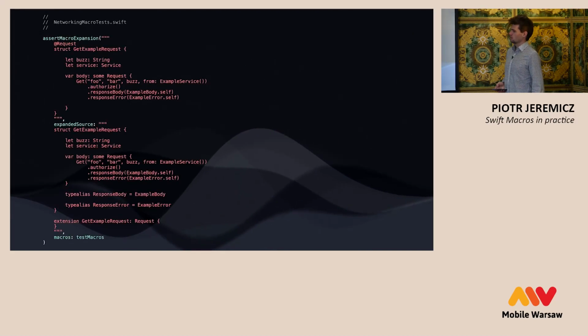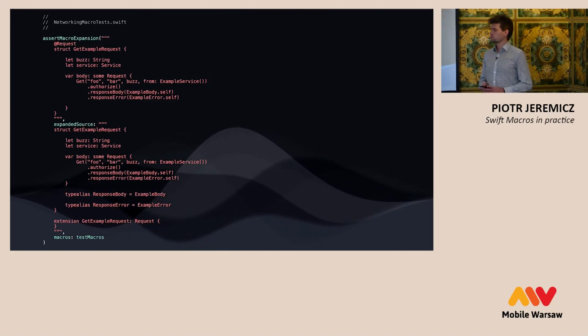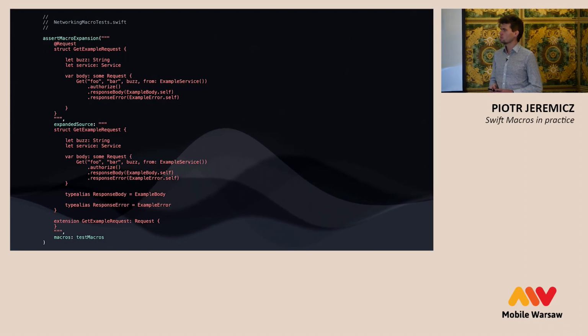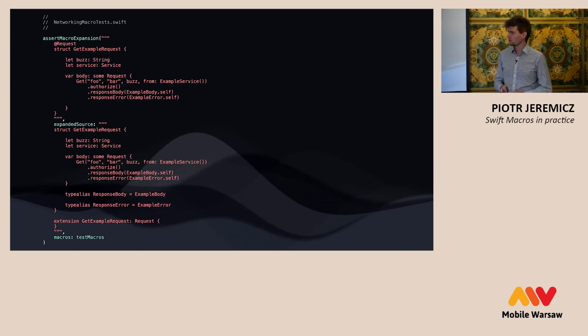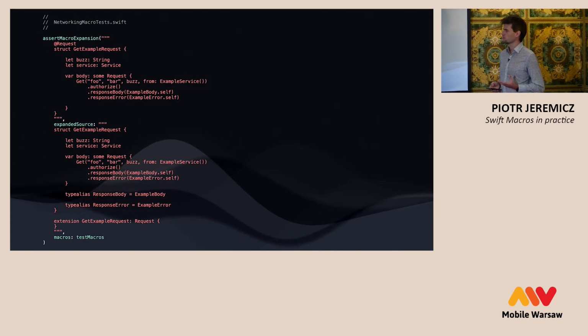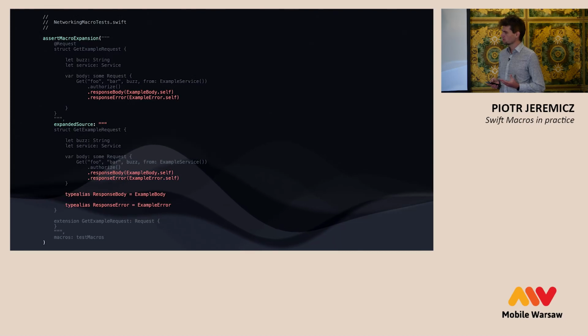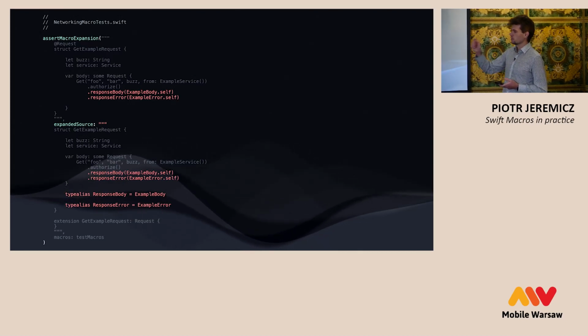And yeah, of course, we are going back to the test. Everybody loves the test, and tests are really important in macros because they help you understand what was changed and what the process of implementing the macro is, especially if you have some strict case that you would like to do. And this is what I've added. Again, type aliases by the macro will be created under the whole struct implementation.